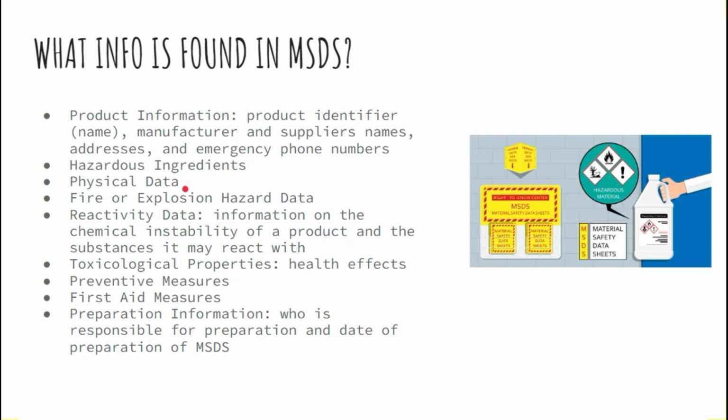The physical data, is it a solid, liquid, gas? Different kinds of hazard like fire, reactivity, toxicological properties, health effects like is this carcinogenic, nakakakuha ba siya ng cancer, preventive measure, first aid measures, as well as preparation info like who is responsible for the preparation and date of preparation ng ating MSDS.